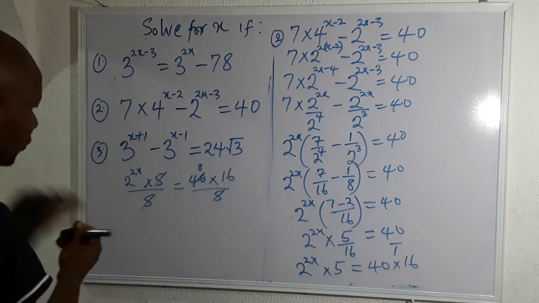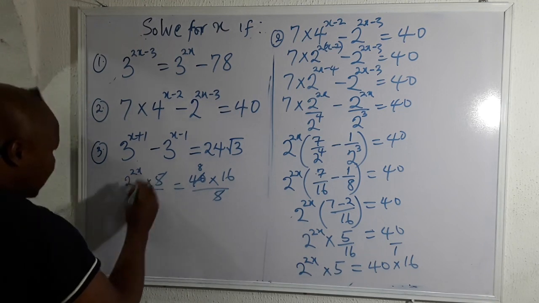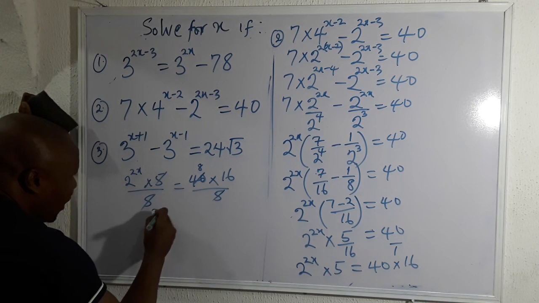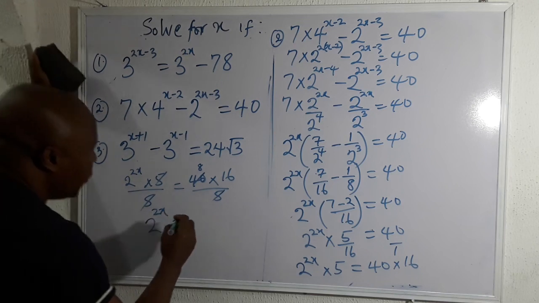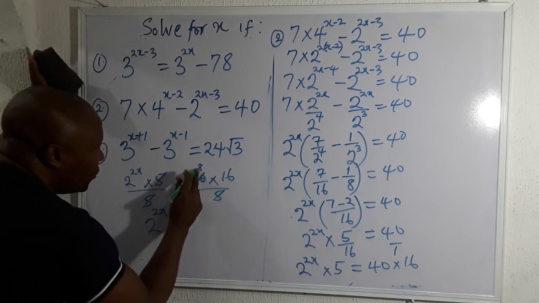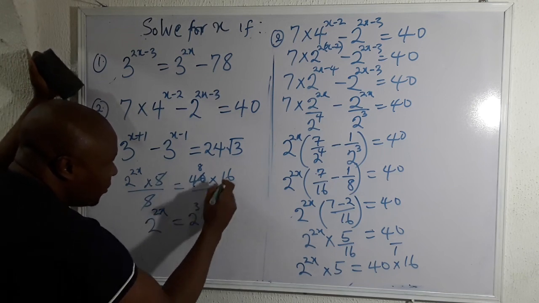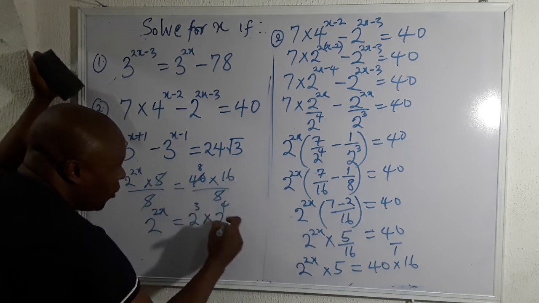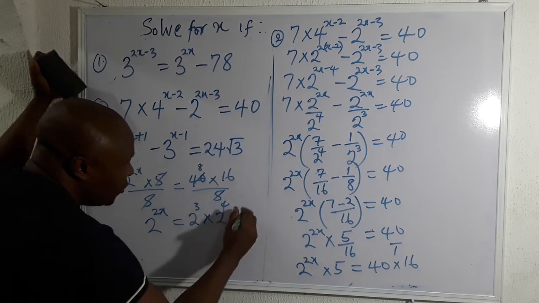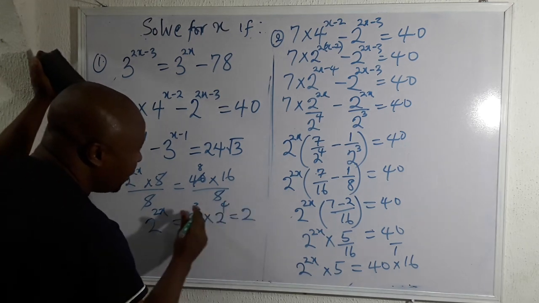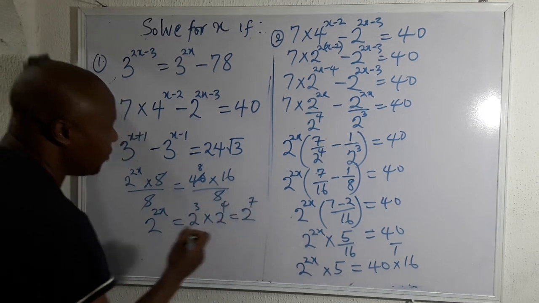So what we can do next is, this is 2 raised to the power 2x is equal to 8. 8 is 2 raised to the power 3, times 16 which is 2 raised to the power 4. The bases are the same, so you take 1, and that will be 2 raised to the power 3 plus 4, which is 7.